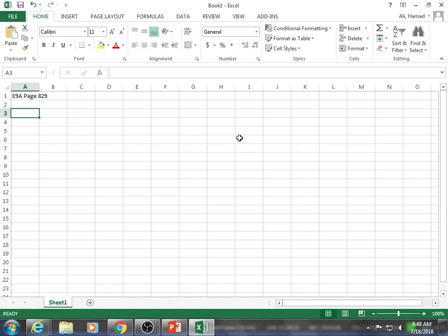That will give you the total cost for the whole house, okay? Remember, job order costing is adopted by companies that make unique products.